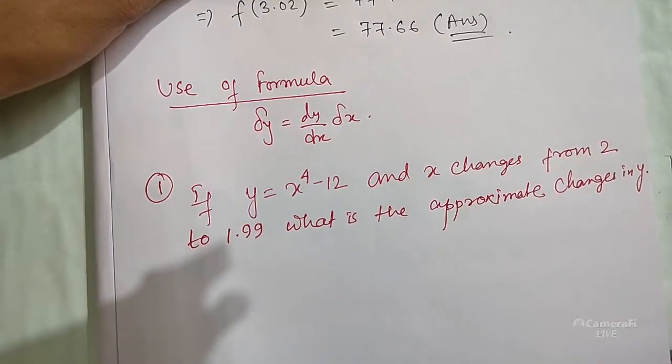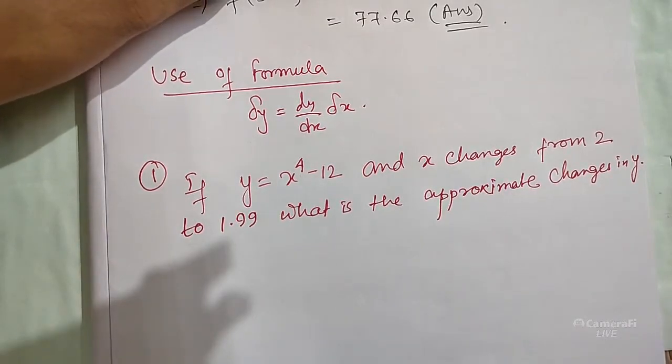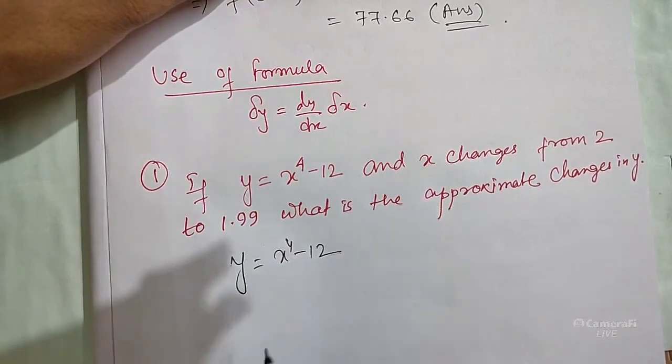X changes from 2 to 1.99, the change in y we have to find. So first y equals x to the power 4 minus 12, it is given.